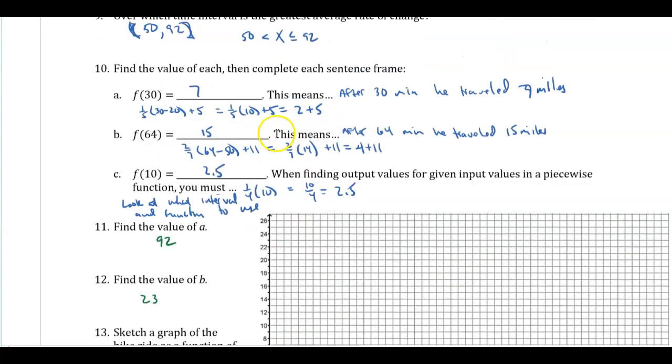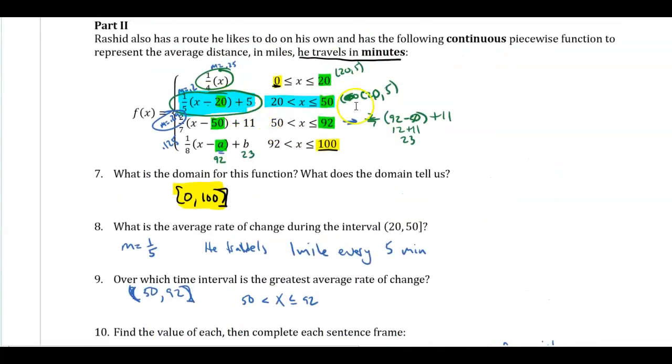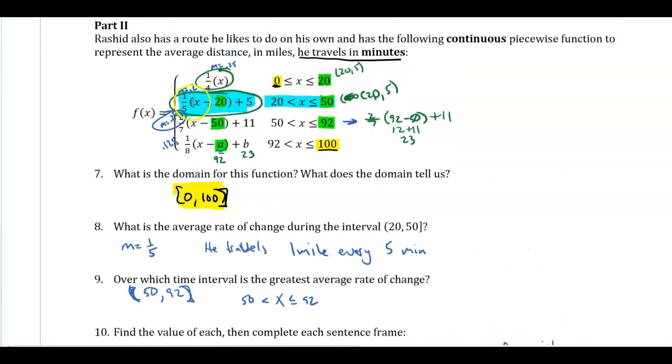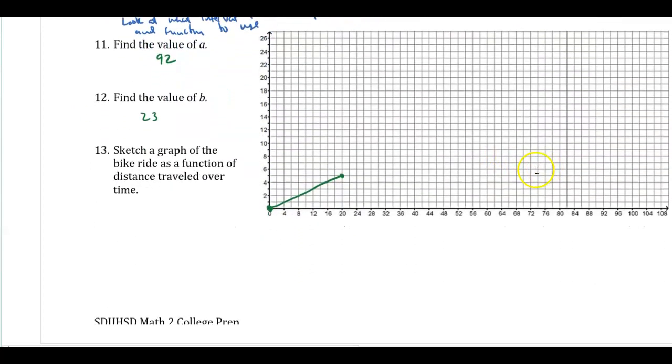The second leg of the ride starts at 25 and then it's going to go to 50. If I plug 50 in, 1/5 times 30 plus 5 is going to be 6 plus 5, which is 11. So right away this goes all the way to 50 and 11.